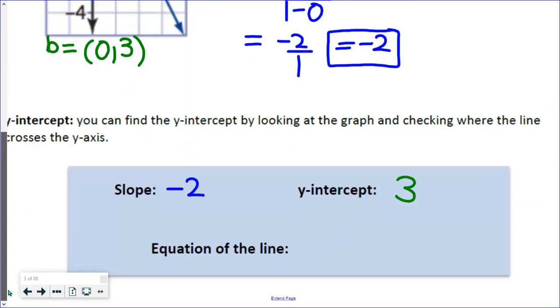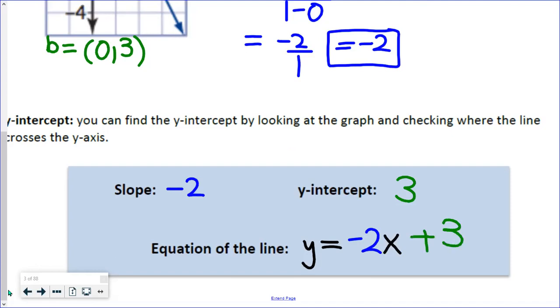So my equation of the line would be y equals negative 2x plus 3.